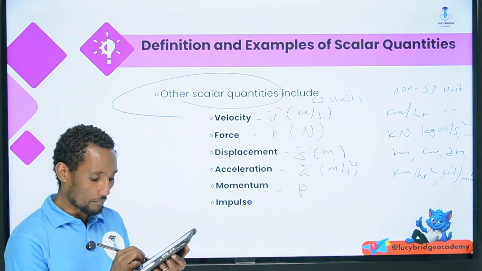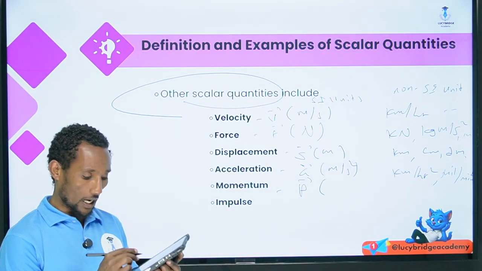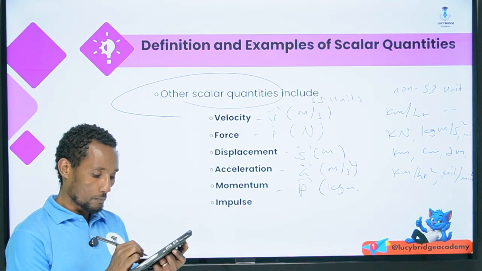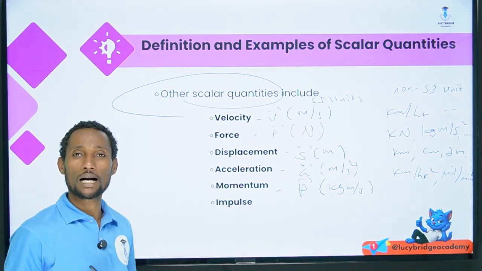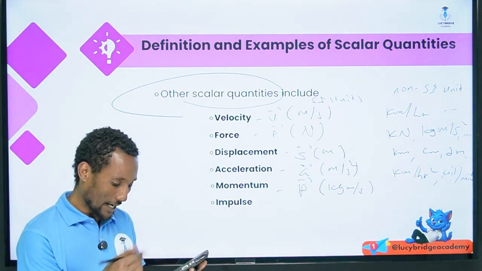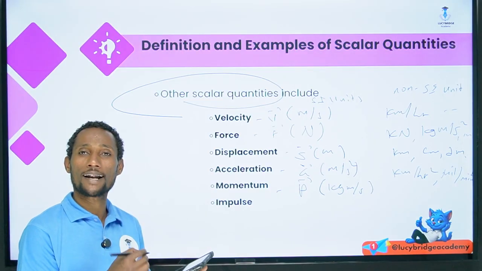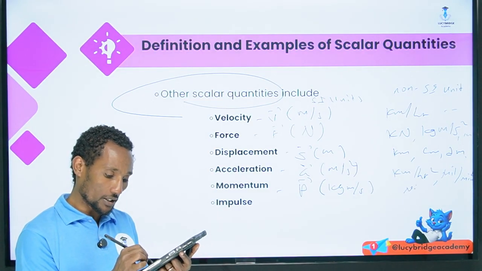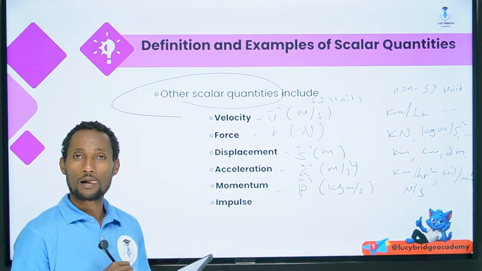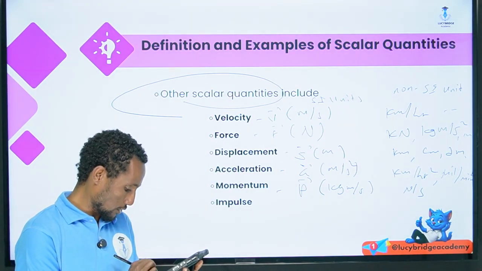Whereas momentum, P with an arrow, is in kilogram meter per second, which has another unit, Newton second.